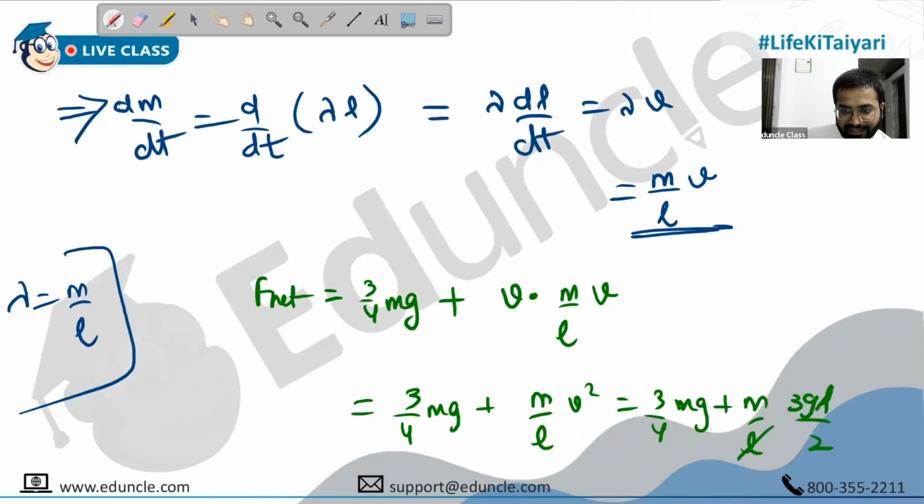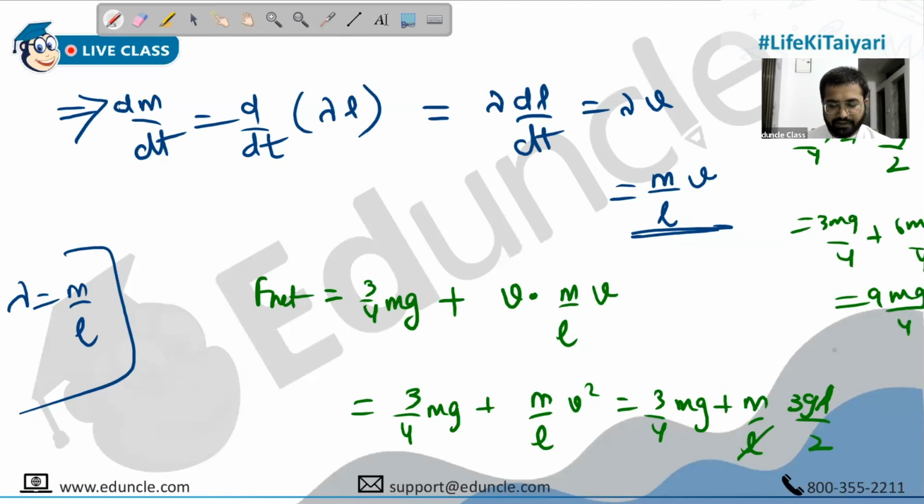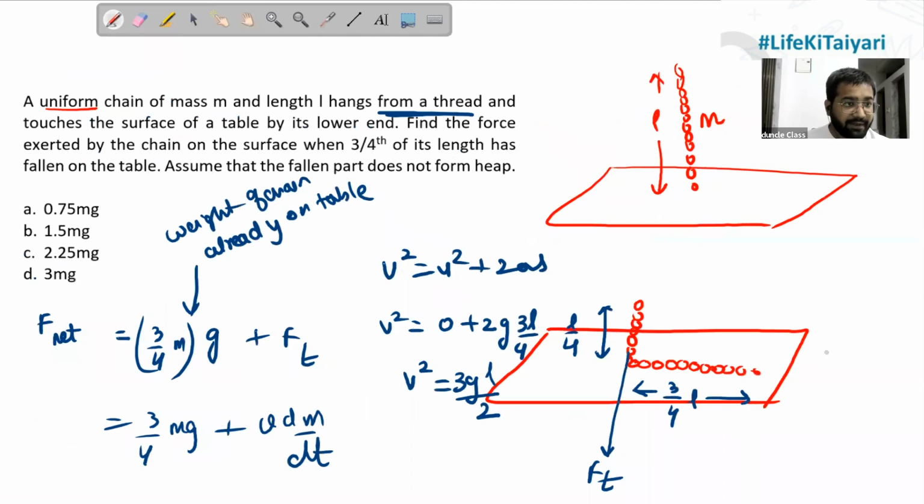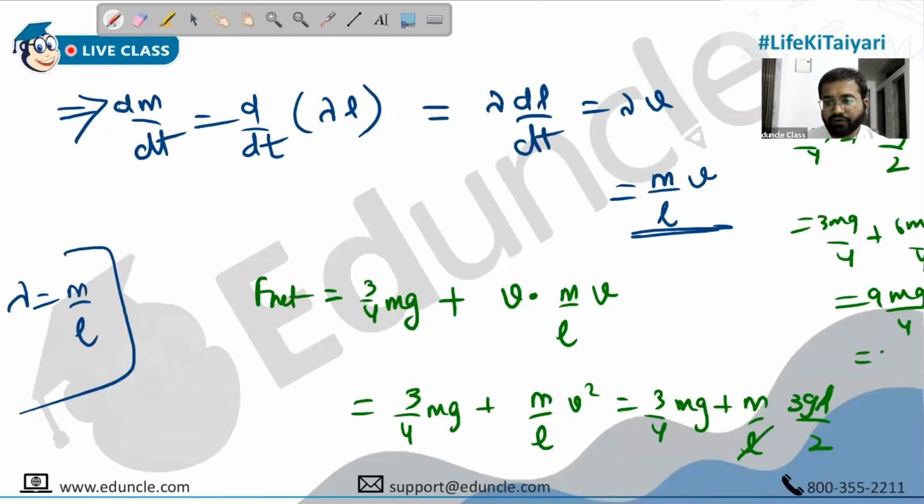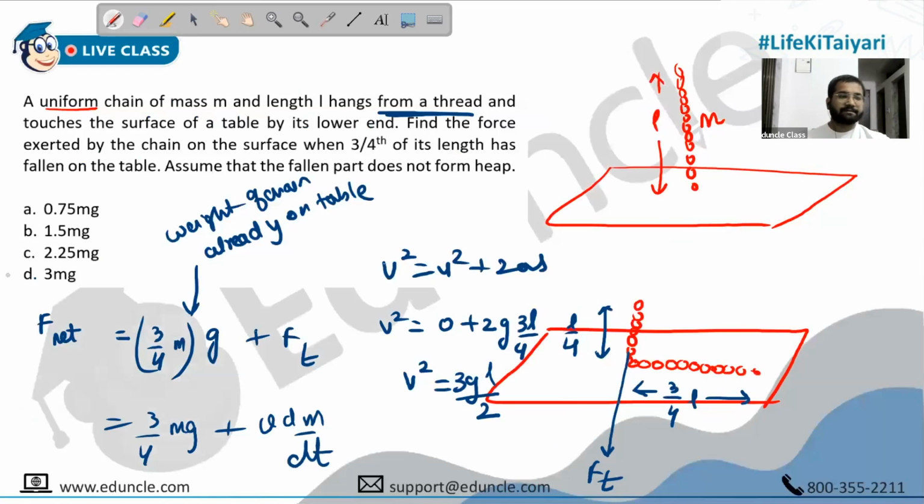So L gets cancelled, and we have got 3 mg by 4 plus 3 mg by 2. So this is 3 mg by 4 plus 6 mg by 4, which is 9 mg by 4. 9 by 4 is 2.25, so 2.25 mg. Answer is option C.